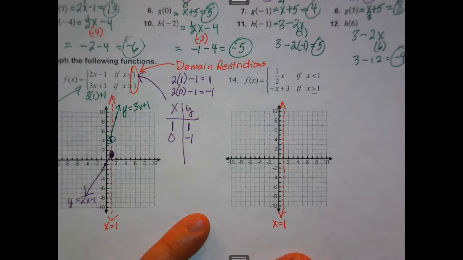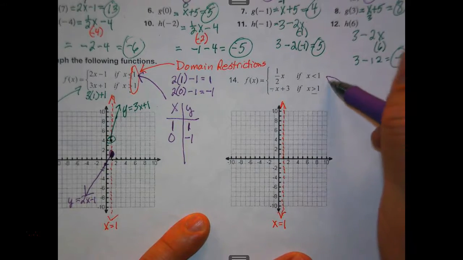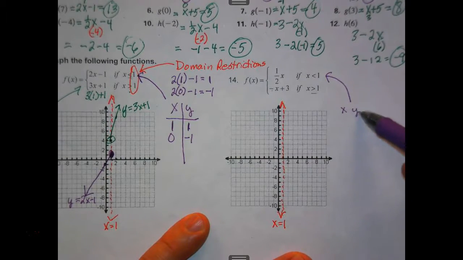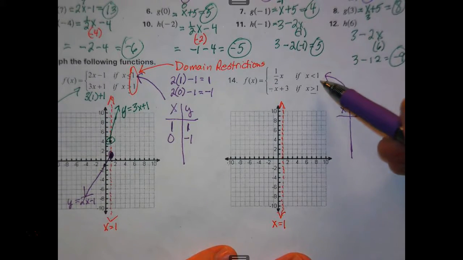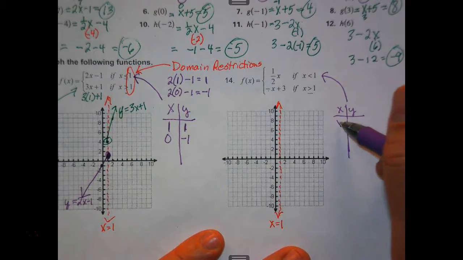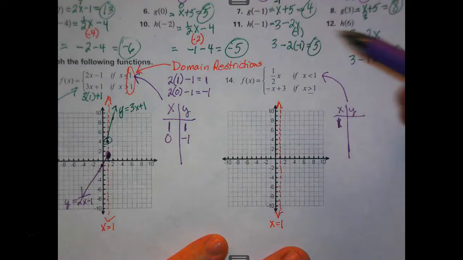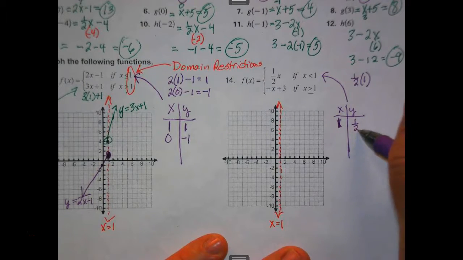Let's make a chart for the top one. I'm always going to choose my boundary line x, which is 1. So I have 1/2 times 1, which is 1/2.